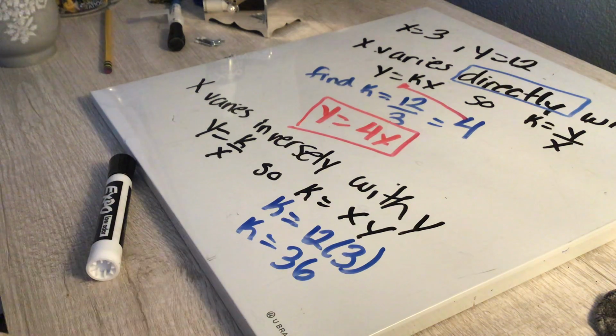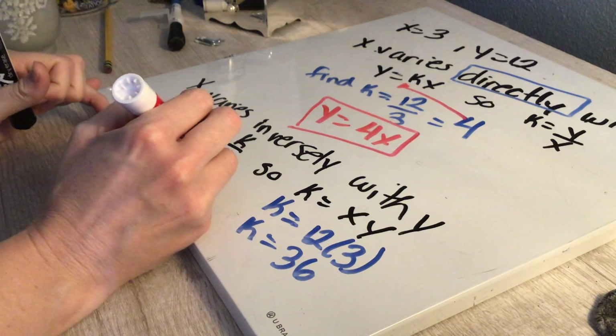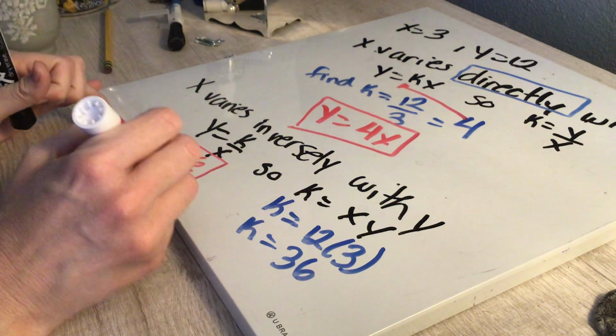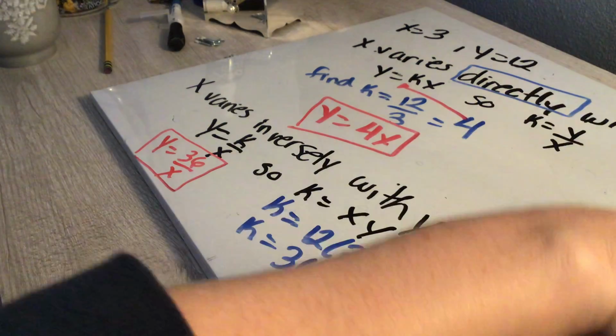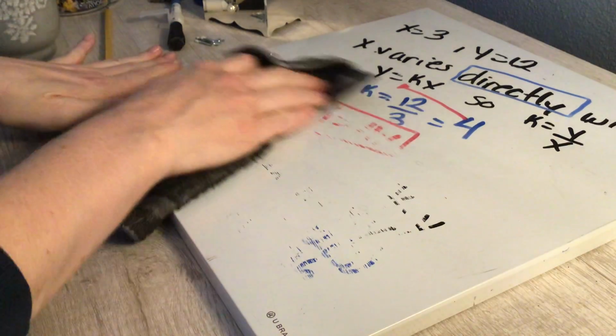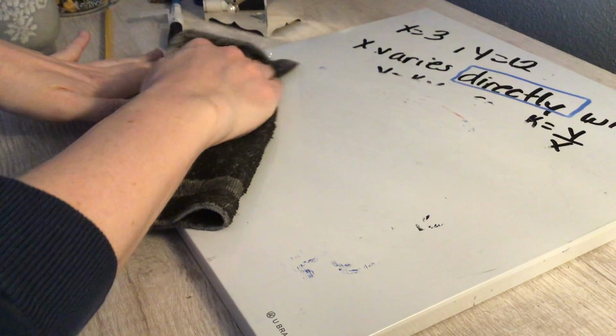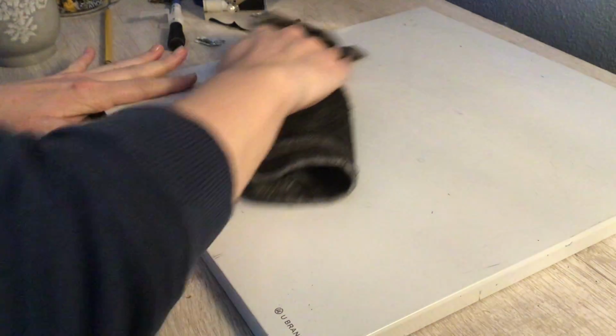But it's inverse variation now. So y equals 36 over x will give us our equation for the model because it's inverse variation. Okay, so we get our two equations there, depending on what kind of variation it is. So the steps are the same. Find k, then write your equation, but you find k depending on if it's inverse or direct variation.